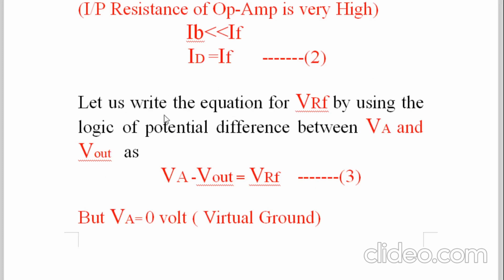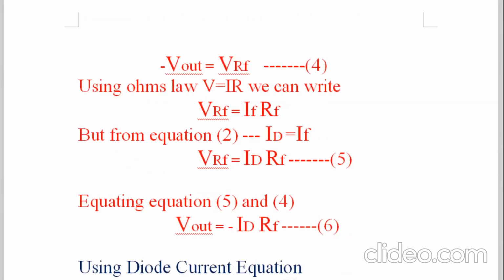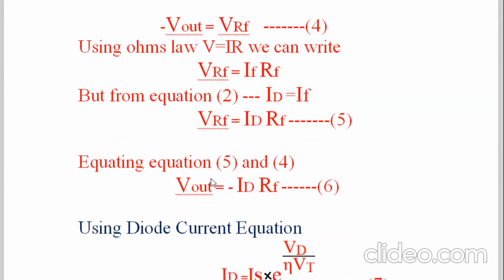That is, we have written the equation for VRF by using the logic of potential difference. So that we have done. Now by equation 2, ID is equal to IF. In this equation, VRF is given as minus Vout. And in this equation, VRF is given as IF into RF, where IF is equal to ID.